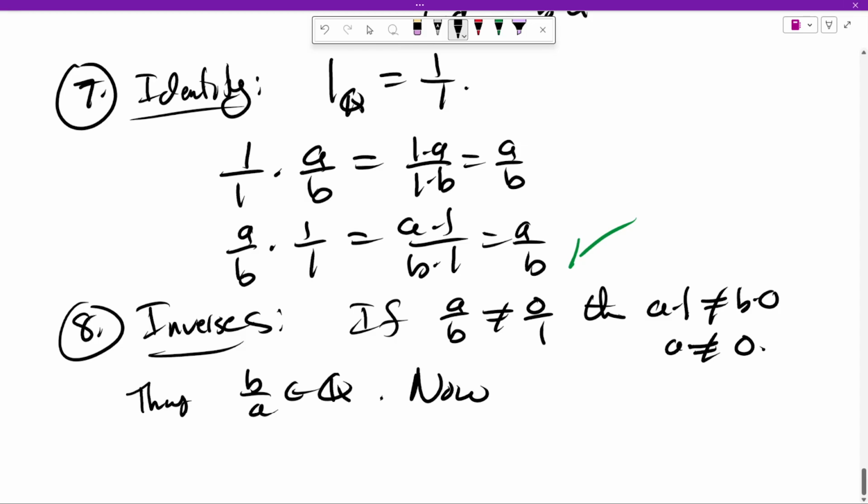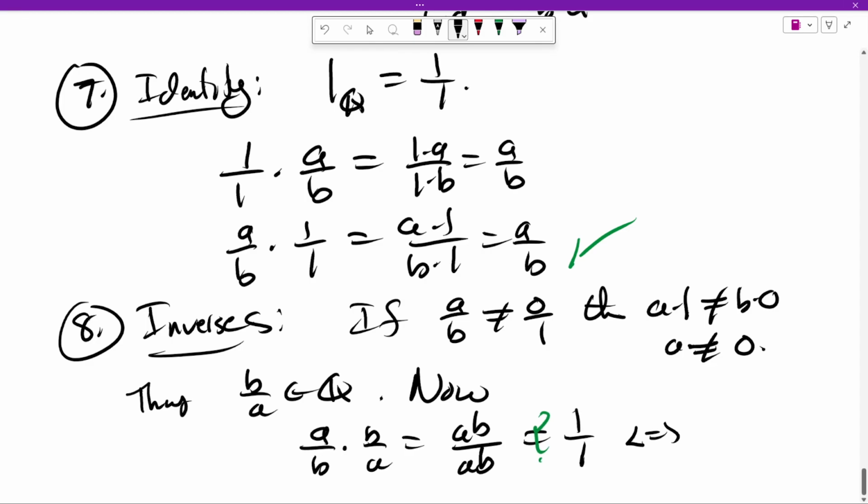Now, if we multiply A over B with B over A, we're going to get AB over AB. And I claim that's 1 over 1. So why is that 1 over 1, which is the multiplicative identity? Well, this is because if we cross multiply, we get, of course, a true statement.